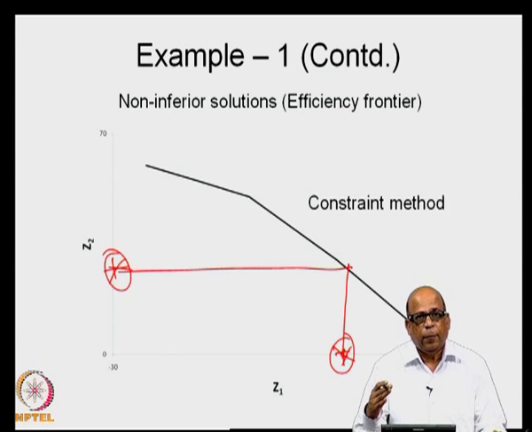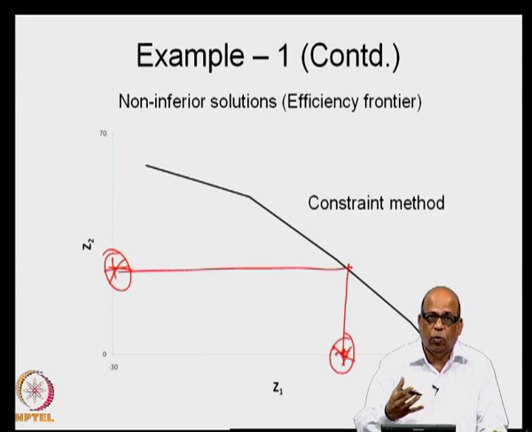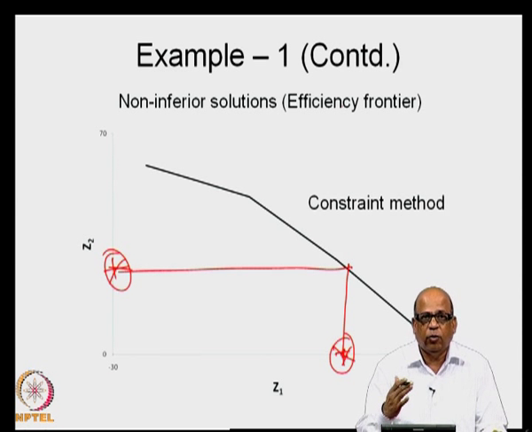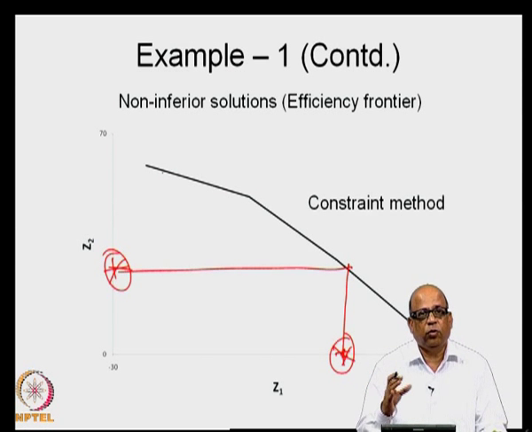In fact, you can generate several such non-inferior solutions and then screen out depending on your priorities, depending on acceptability and so on. Right now our aim was to generate a large number of non-inferior sets of solutions to a given problem containing several objective functions, and that is what we have done here.